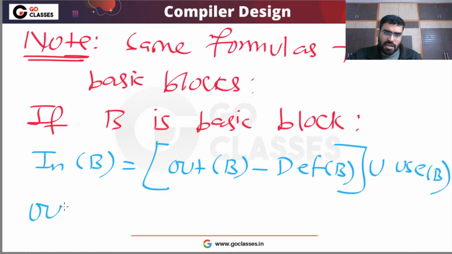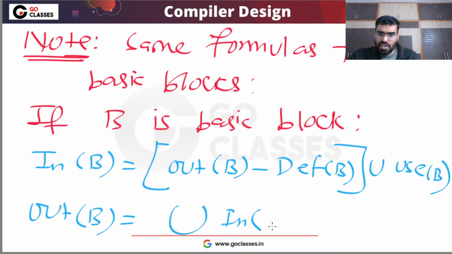And similarly, what is out of B? Out of B is the union of in of all the successors. This same formula is going to work for each basic block.